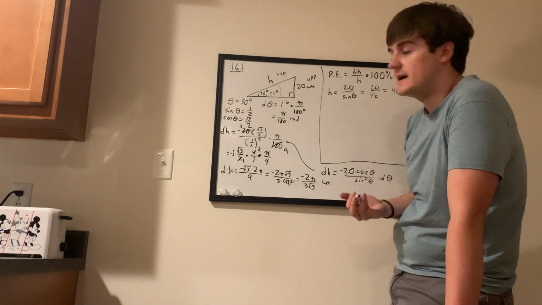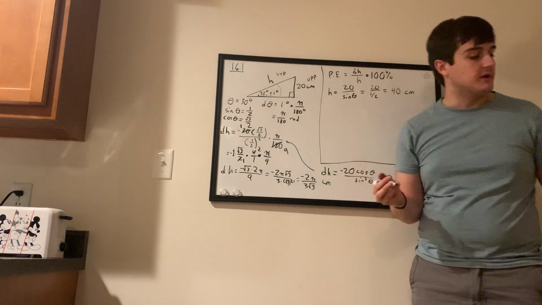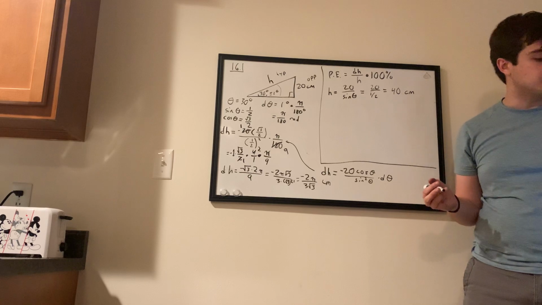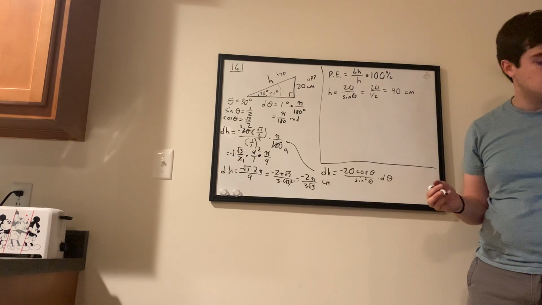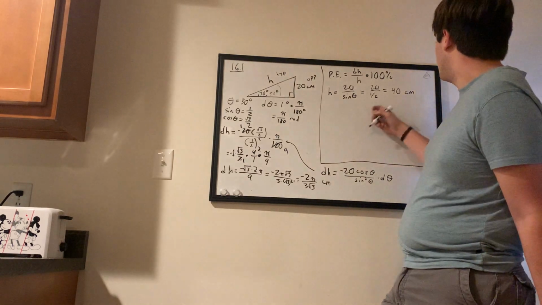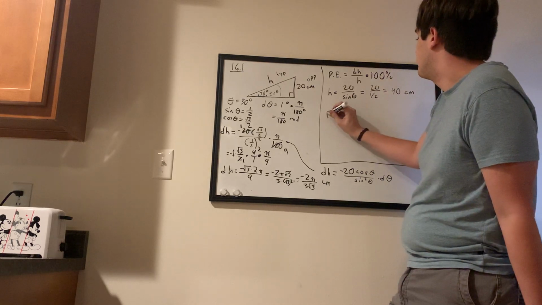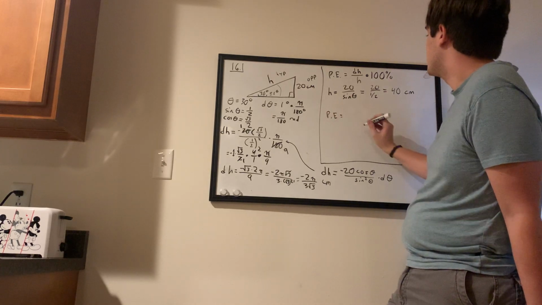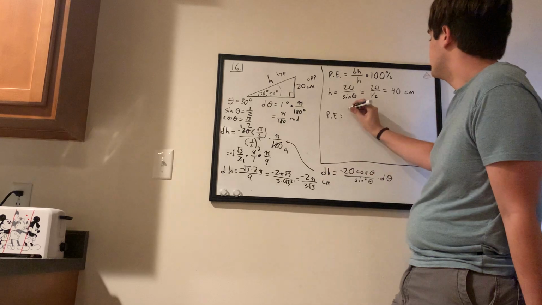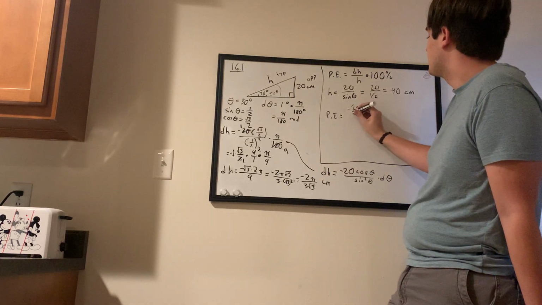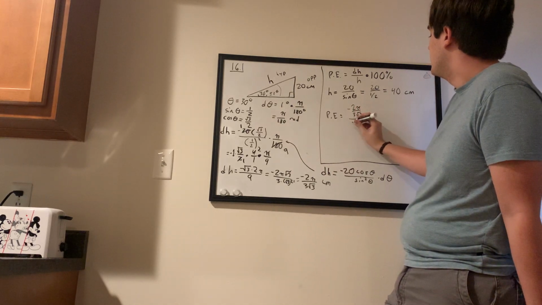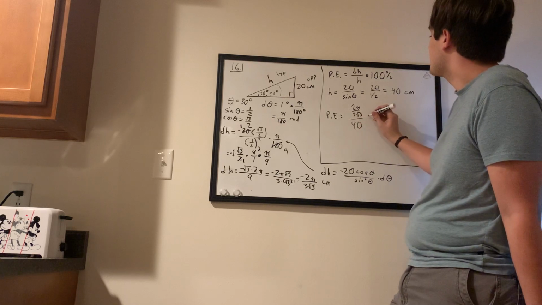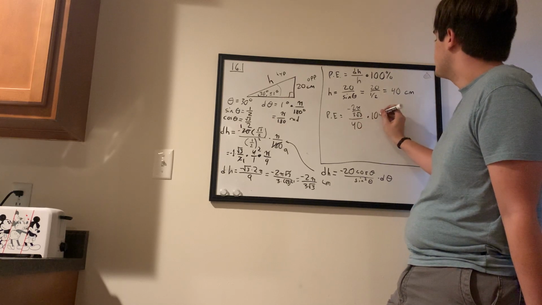Now, what we're left with after doing that is the percentage error is the same thing as negative 2 pi over 3 root 3, divided by 40, times 100%.